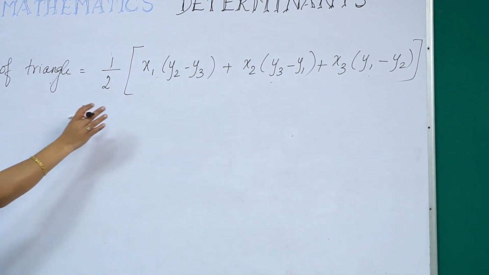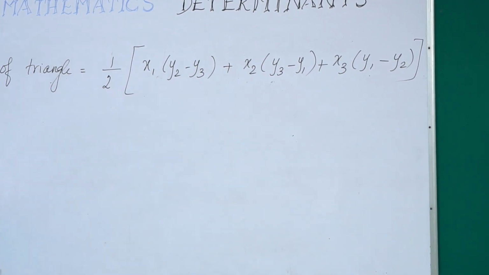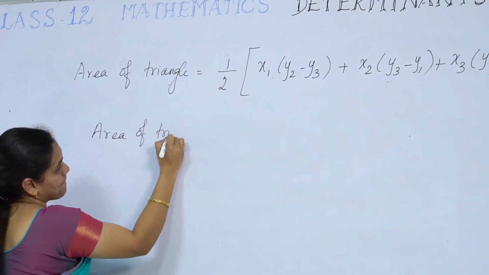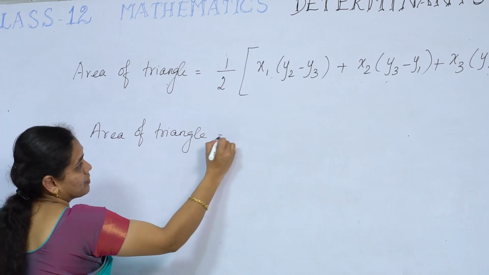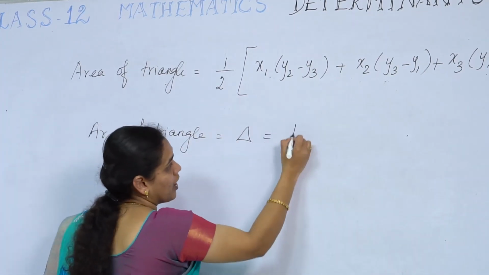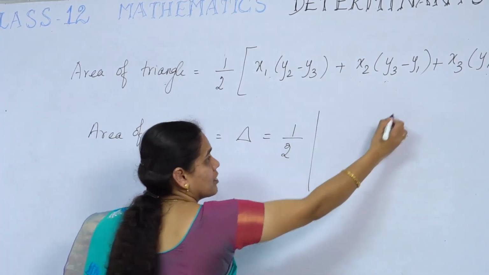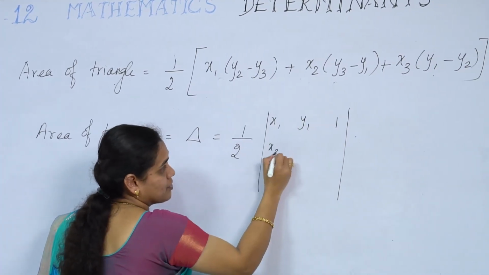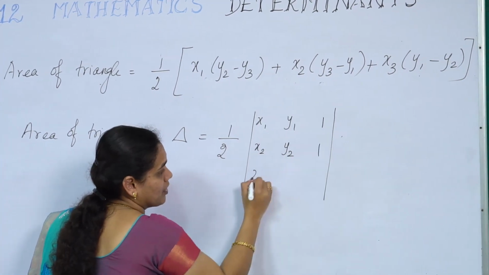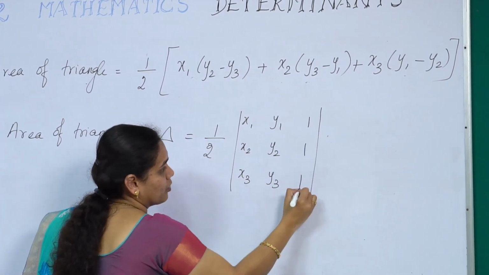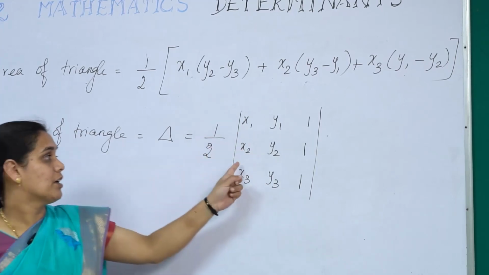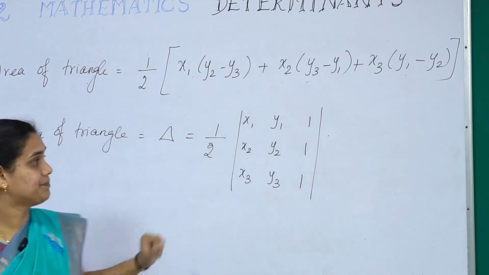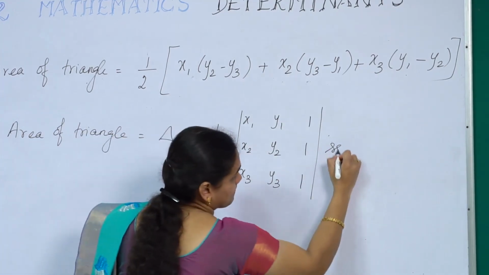Now the same thing we can write in determinant form. So, the area of the triangle is the determinant of half into x1 y1 1, x2 y2 1, x3 y3 1, where x1 y1, x2 y2, x3 y3 represent the coordinates of the vertices of the triangle, in square units.